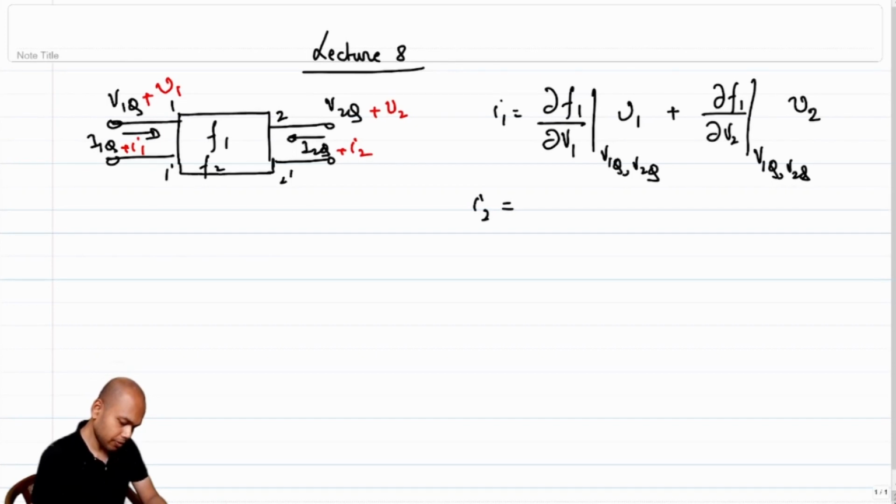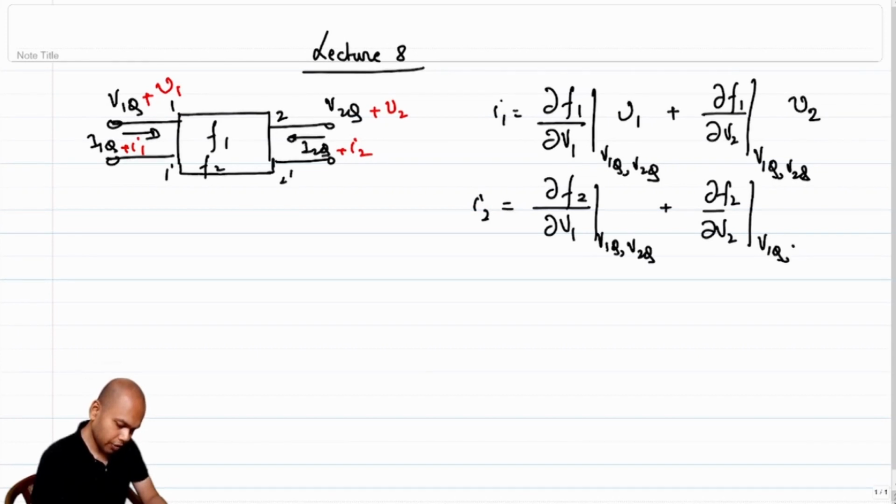Similarly, I2 we could express as del F2 del V1 again around operating point V1Q, V2Q plus del F2 del V2 around operating point V1Q, V2Q.